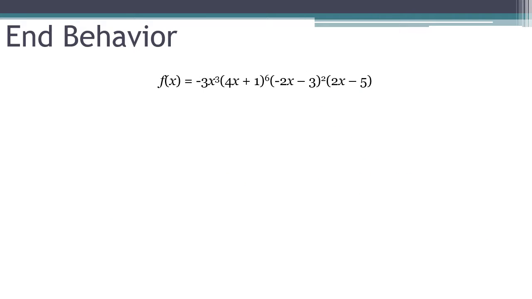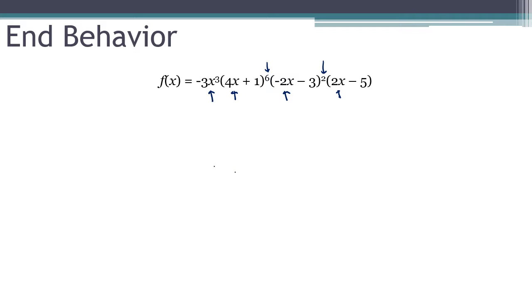All right, so let's try this one out. Obviously, now we're in truly the case where I do not want to multiply this thing out. All right, so let's see what our leading terms are. It's this one, this one, this one, and this one. And remember, we also have to apply the exponents.